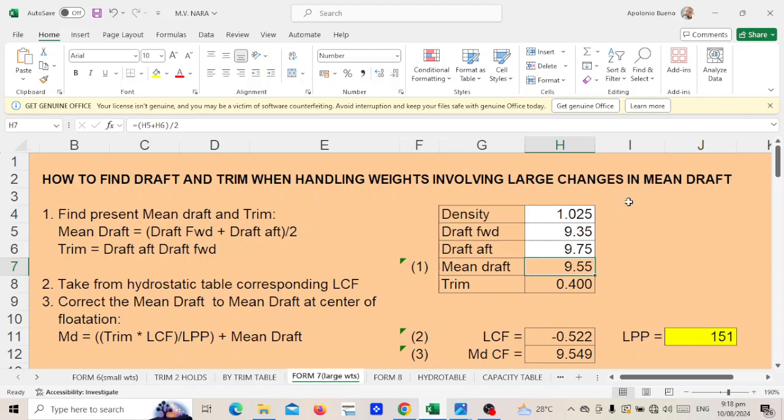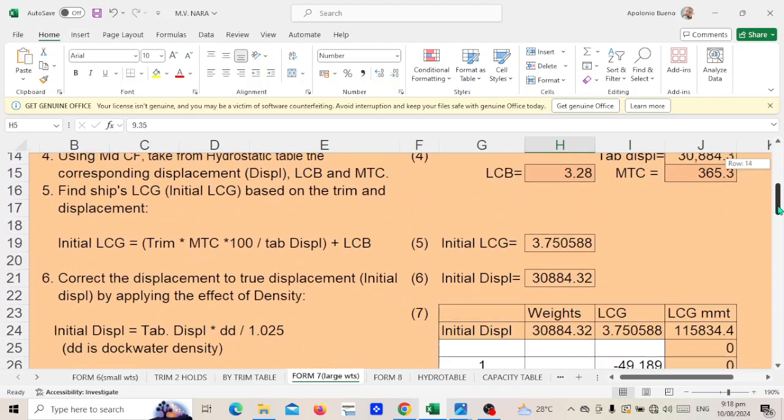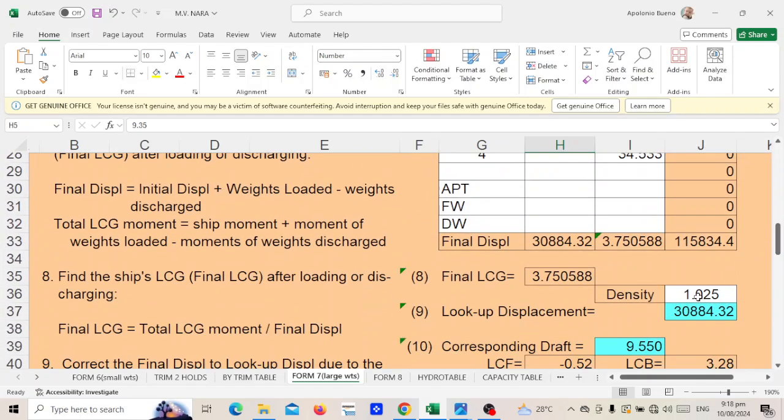Now, assuming you are floating in saltwater density of 1.025, you put here 1.025, and on the other one 1.025.